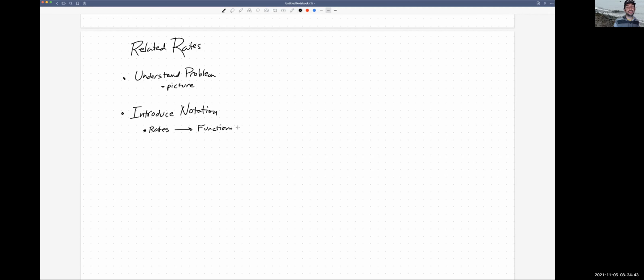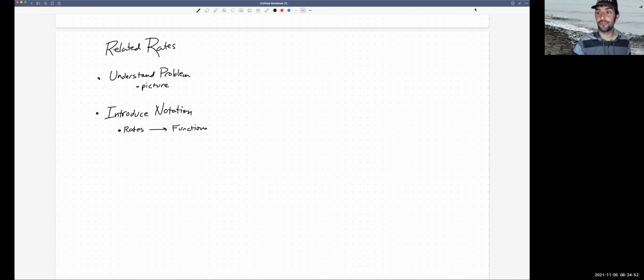We saw that the speed that the drone was rising up implied that there was a function of height with relationship to time, or the fact that we were looking for the angle of elevation, how it changed with time, implied that there was a function theta of t. So these rates imply functions.